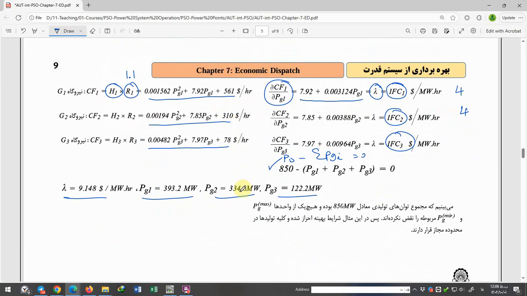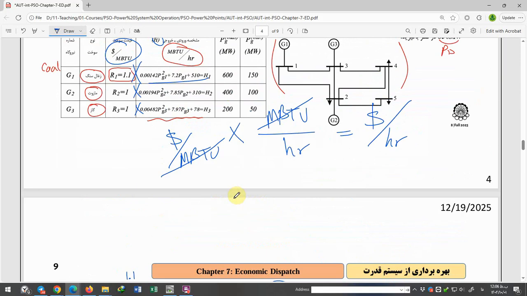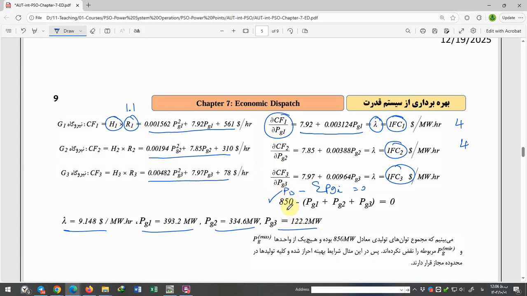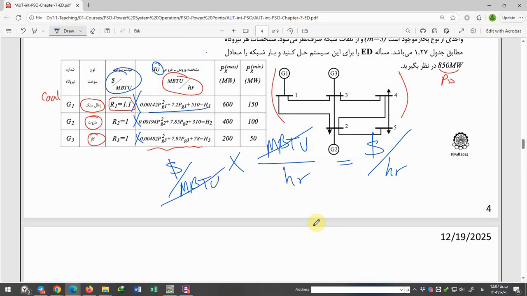The PG2 is 334, in range of generator 2, and the PG3 122 is in range of generator 3.